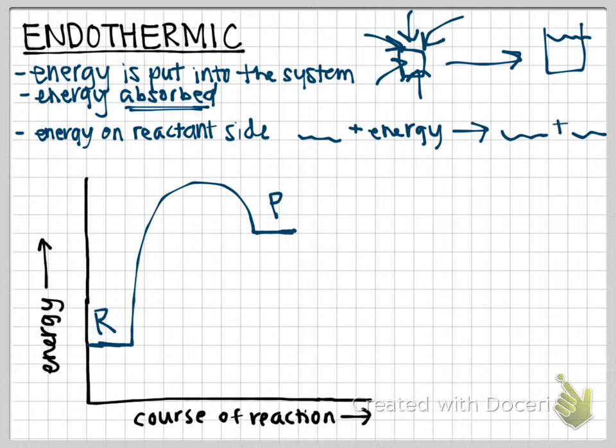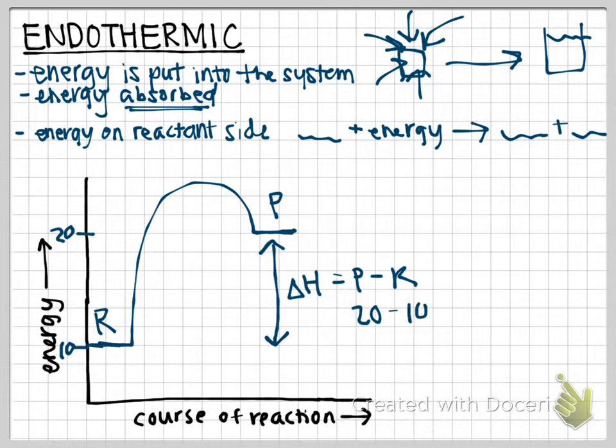Also with endothermic, let me just put some values on here. Let's say this is 20 and this is 10. Your delta H is the difference between products and reactants. So you always take products minus reactants. So in this case it would be 20 minus 10.